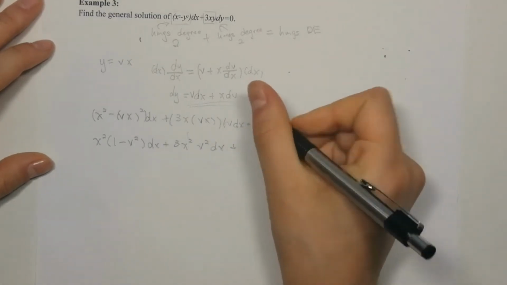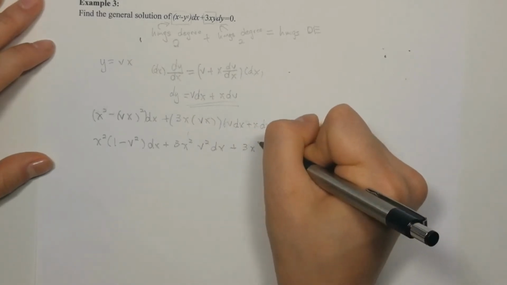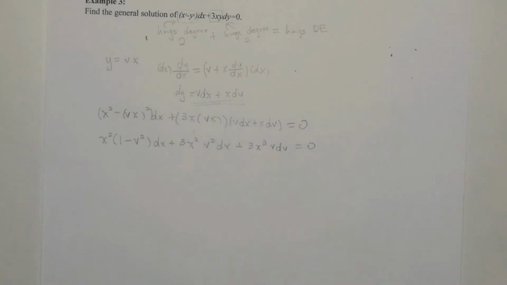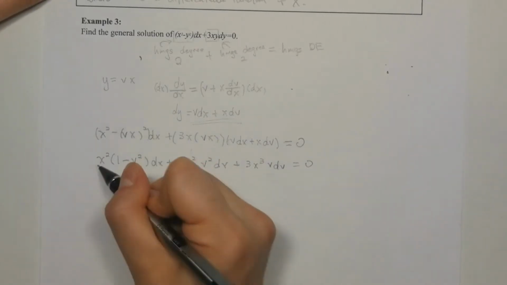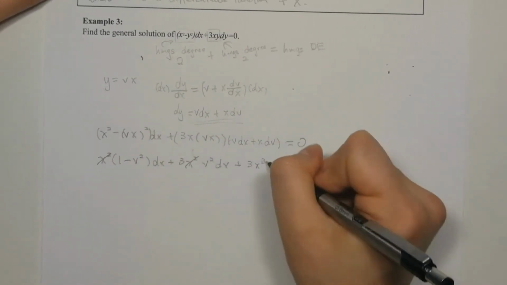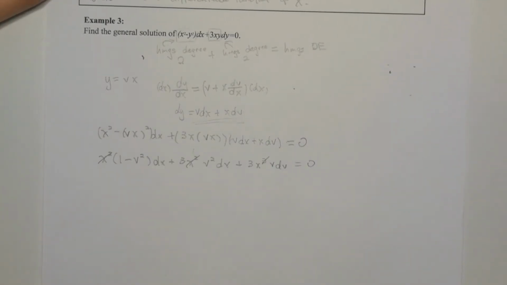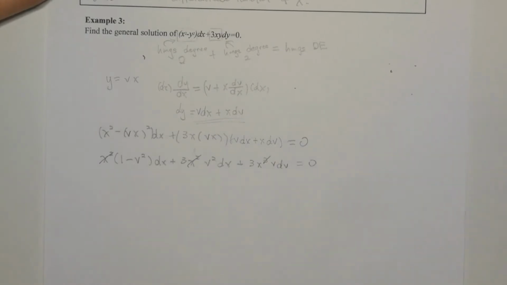And we will get 3x to the third v dv. And then take a look at the equation. There's x squared in all of the terms, so we can just cancel that. It's basically dividing both sides by x squared. Remember that over here, it's x cubed, so leave that last x.